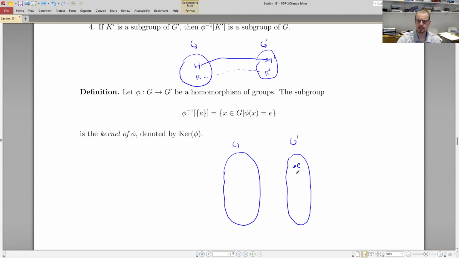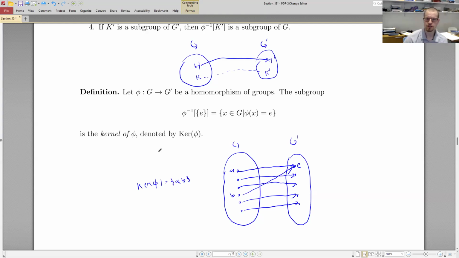If this is my identity element in G prime, what I'm interested in observing is which elements map to E. So here, if I say this is A and this is B, then the kernel of phi is the set AB in this nice little image here.